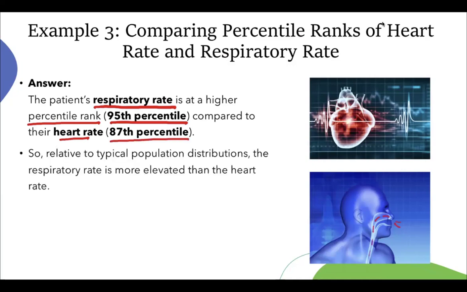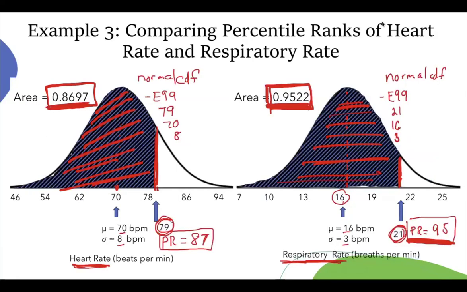So relative to typical population distributions, the respiratory rate is more elevated than the heart rate. Let me go back to the picture. The respiratory rate is more elevated than the heart rate. So we're using the idea of percentile ranks in this problem to compare two different distributions and make a conclusion.